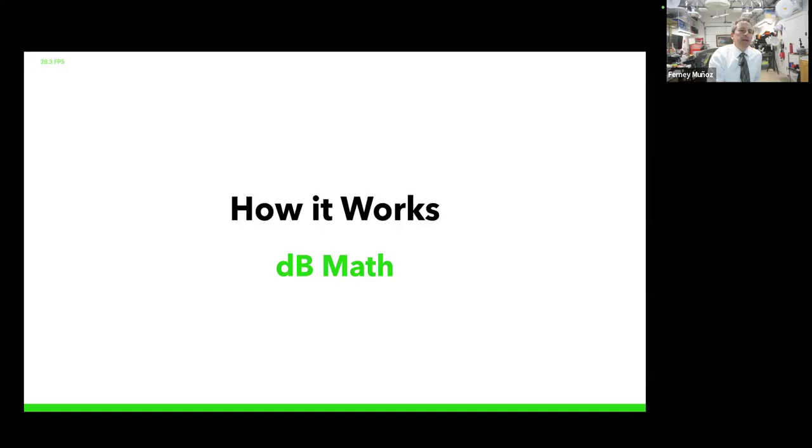And they divided that by 10 and called that unit a Bell in honor of Alexander Graham Bell, a guy that invented the telephone, that was part of the founders of the company and had a lot to do with telephony. So this unit, the 1 Bell, is what they use as a reference.